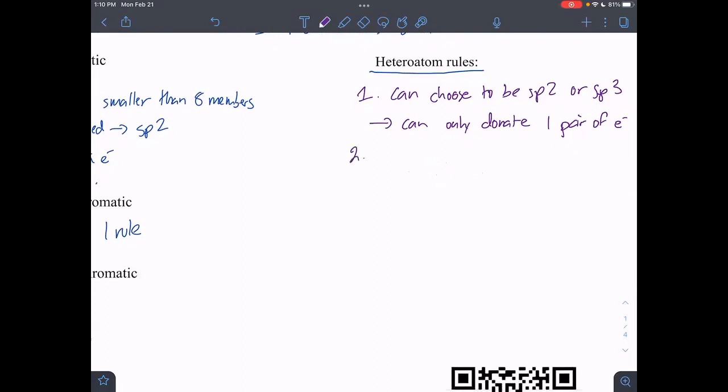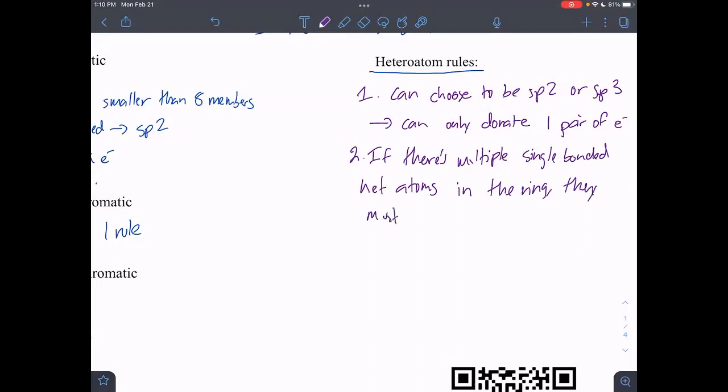Okay, 2. If there's multiple single bonded heteroatoms in the ring, they must have the same hybridization. So for example, if we take this molecule, these oxygens are both attached to the ring by single bonds.